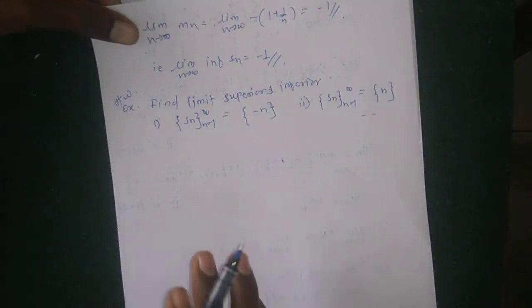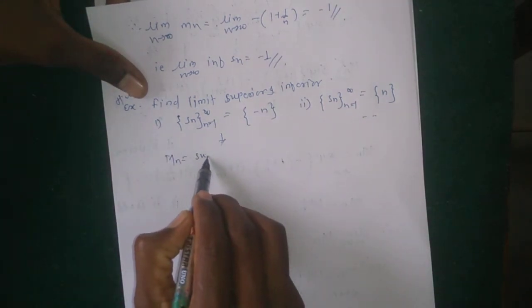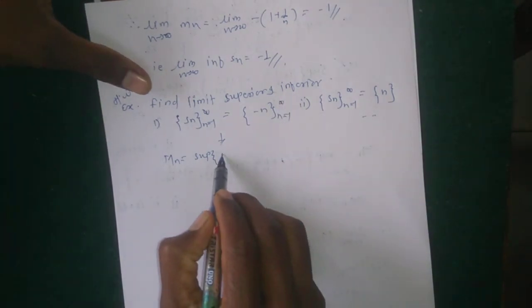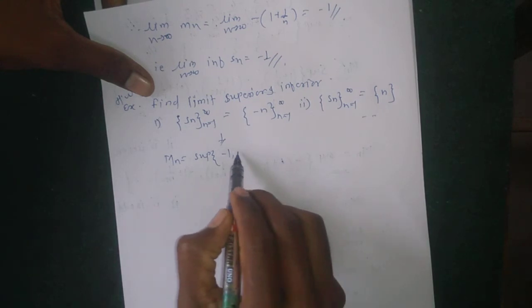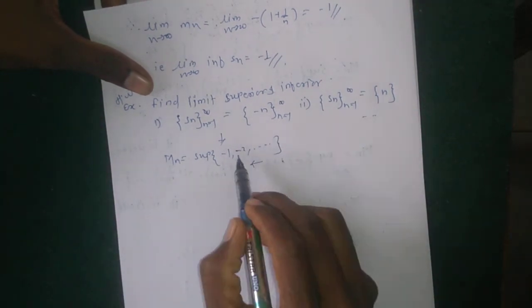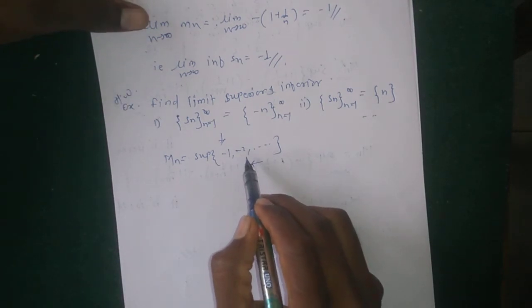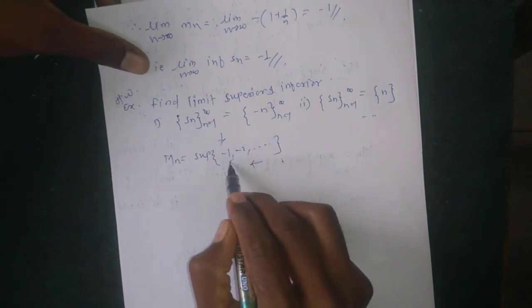Okay, so for this, Mn is the supremum of minus 1, minus 2, and so on. This sequence is bounded above by minus 1.